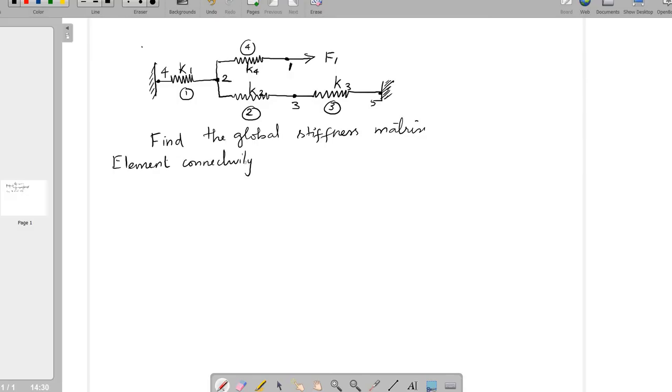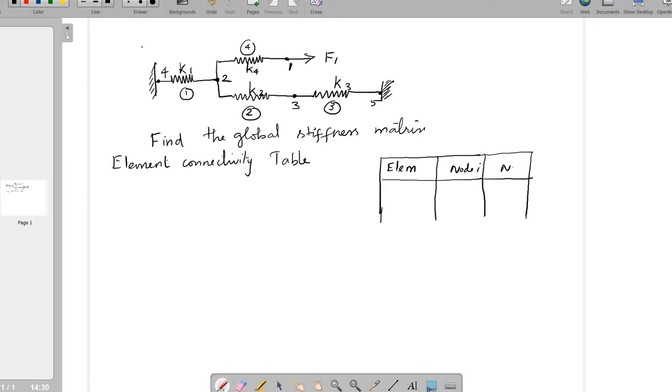The element connectivity table should represent the element number and the nodal starting point of the element as well as the ending point of the element. So here you put element, node I and node J.